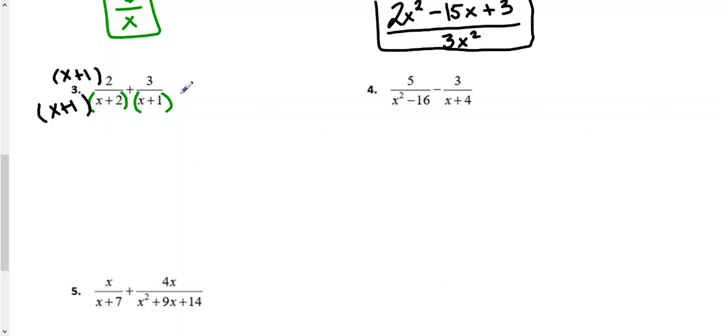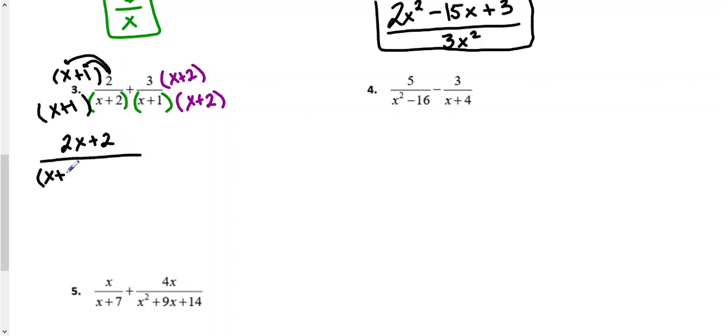I need to multiply the second fraction by x plus 2. So they both have x plus 2. Again, whatever I change on the bottom, I have to change on the top. So when I distribute the top, it becomes 2x plus 2 over, and don't FOIL the bottom.